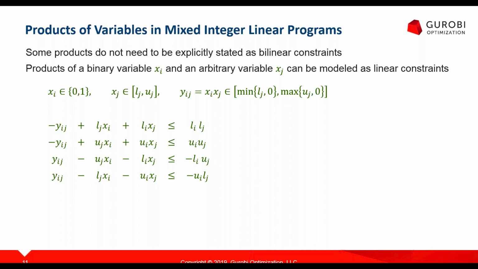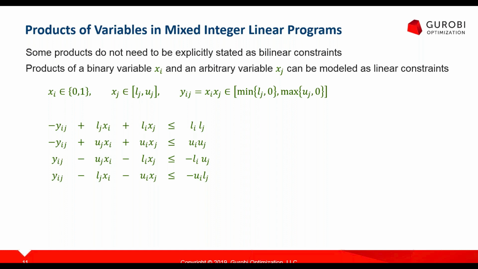Namely, some products do not need to be explicitly stated as bilinear constraints. If one of the variables that is involved is binary, and the other variable can be binary or non-binary, then such a product can also be modeled using linear constraints. So that means such a product can actually appear in mixed integer linear programs.